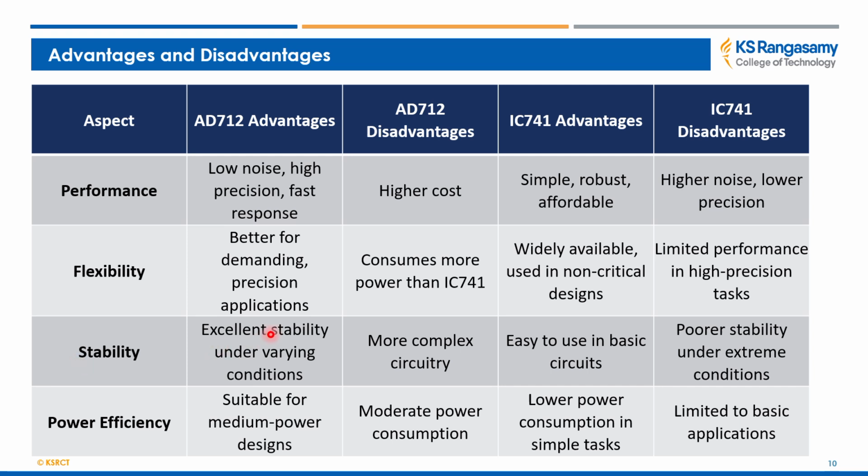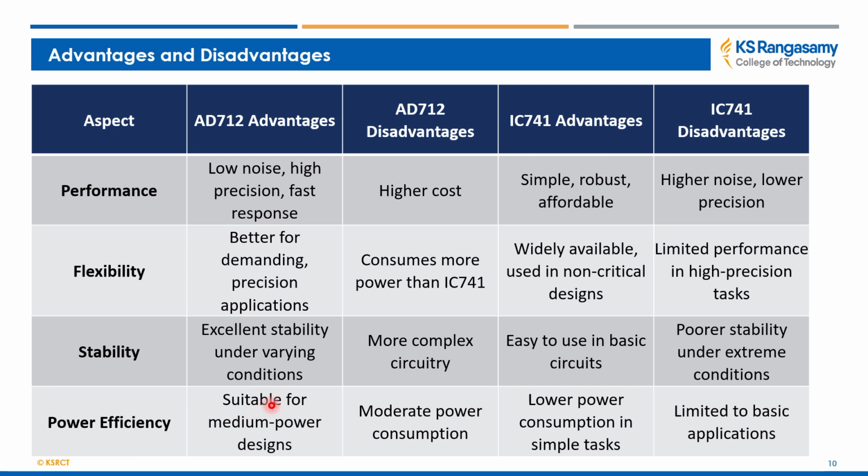Stability wise, AD712 has excellent stability under varying conditions, and IC741 is easy to use in basic circuits. The disadvantage of AD712 is more complex circuitry, and IC741 has poorer stability under extreme conditions.